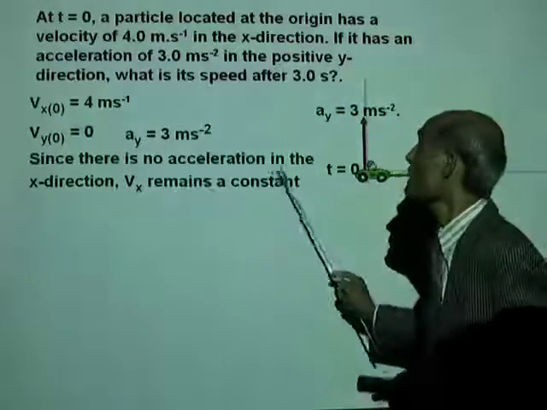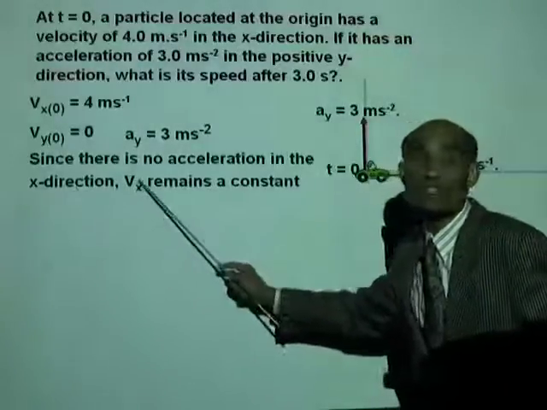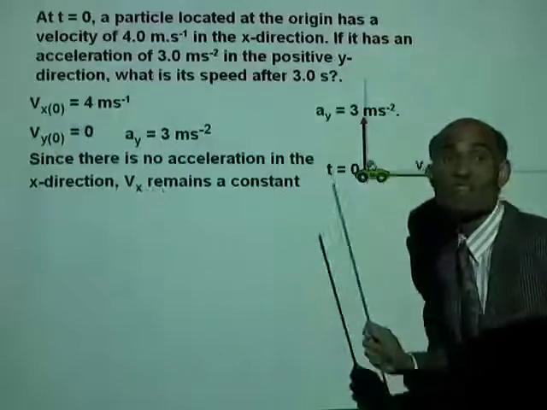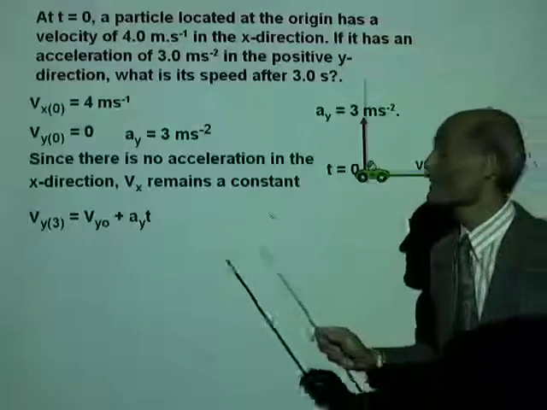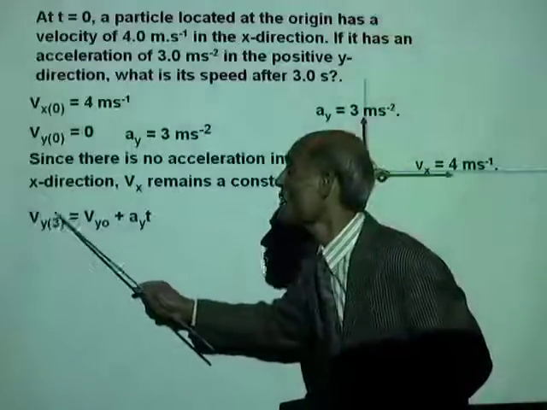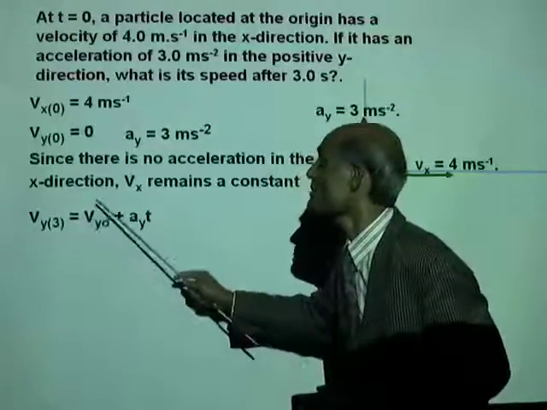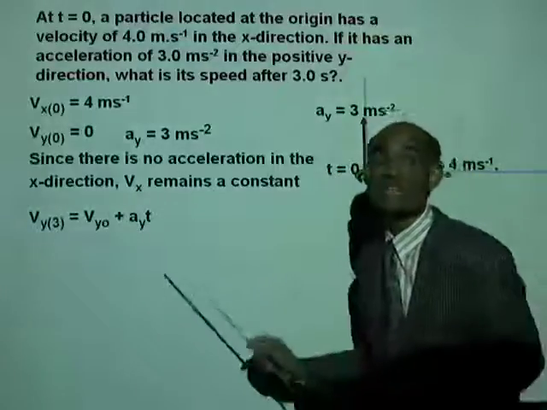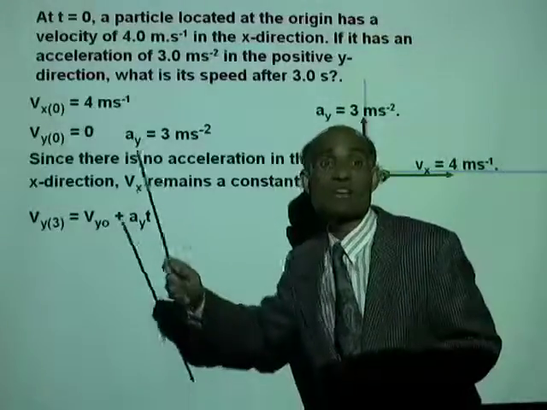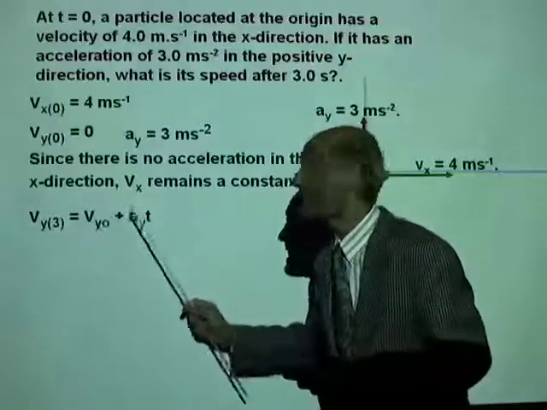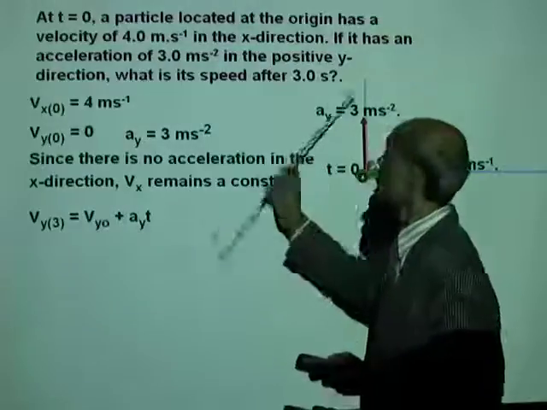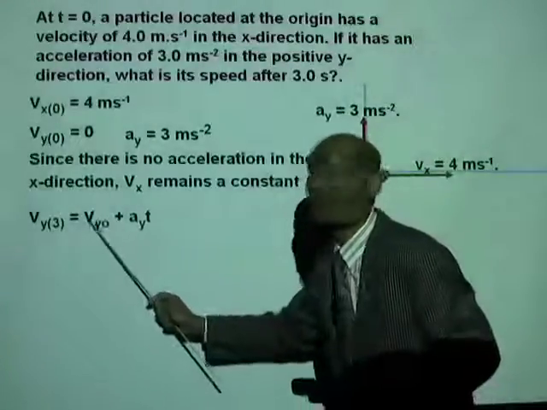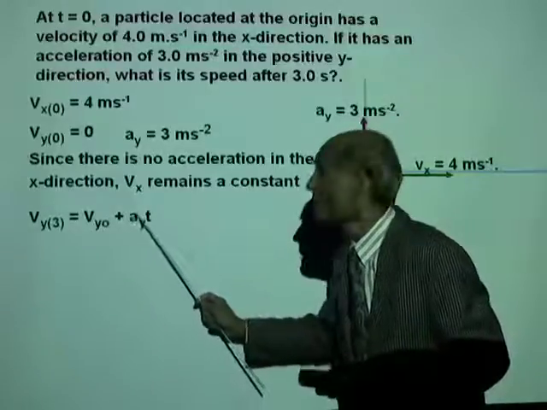Since there is no acceleration in the x direction, the x velocity remains a constant. So we say Vy after 3 seconds is Vy0 plus at. Is that right? V equal to V0 plus at. So in the y direction, Vy0 initially is 0.